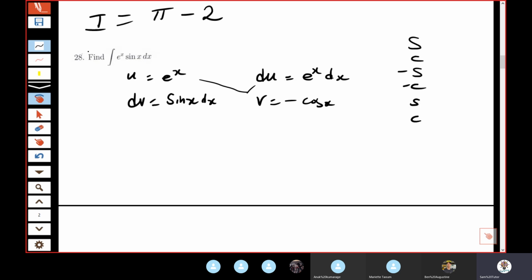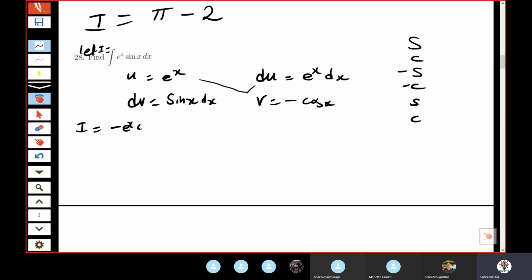So I'll just save myself a line. Let I equal this. So therefore I equals negative, we don't need brackets because there's no limits.